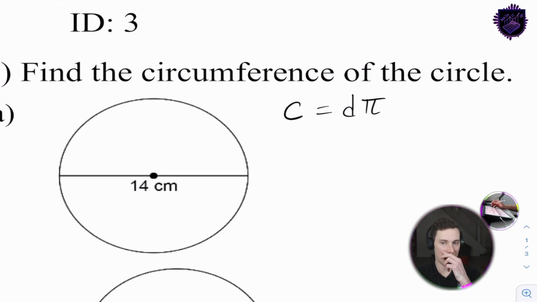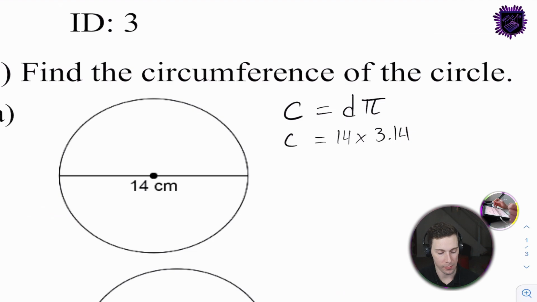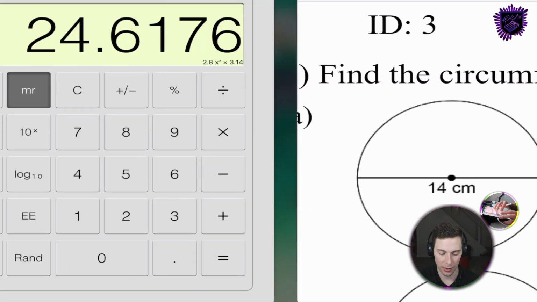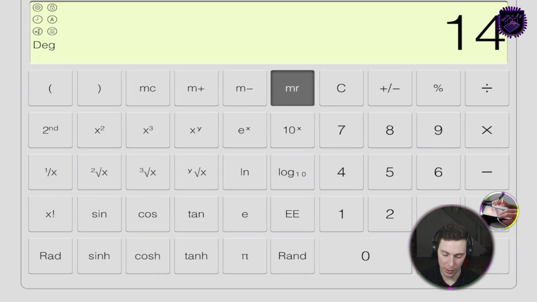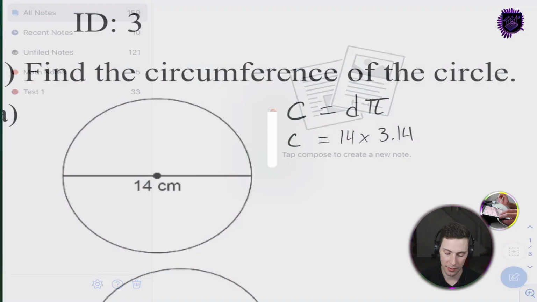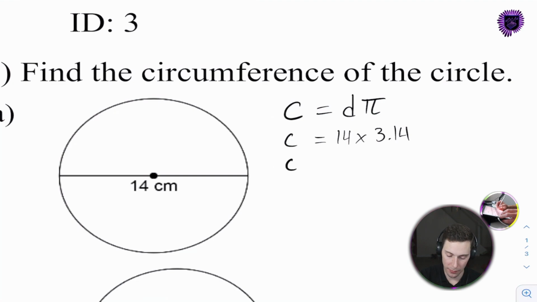We know the diameter and we know pi. Circumference is equal to 14 times 3.14. Let's use our trusty calculator. 14 times 3.14 is 43.96.